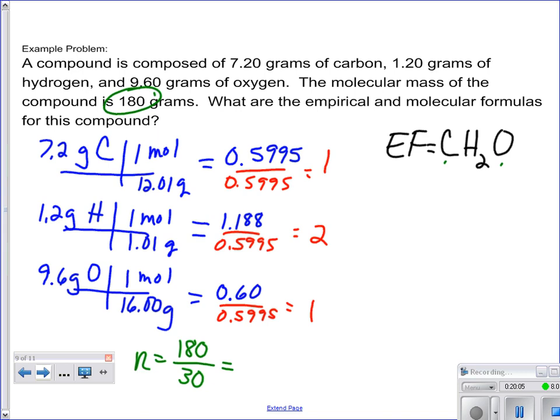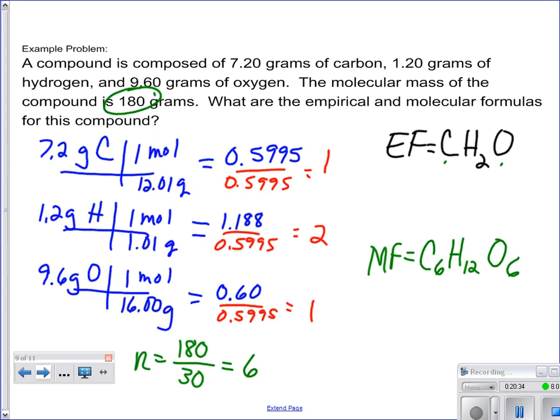So for your whole numbers, that's okay if you do that. Yeah, there's a few little numbers after that, hundredths of numbers, but this is all we need. So it's going to be equal to 6, which means our molecular formula is equal to C6H12O6. Sweet. Get it?